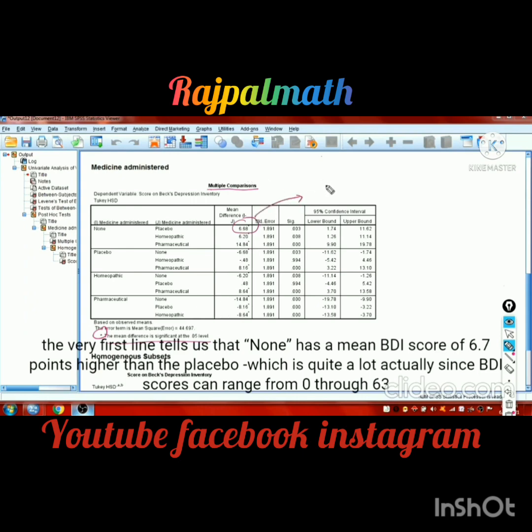Here in this case, none and placebo have different BDI scores. It means none has a mean BDI score 6.7 points higher than the placebo, which is quite a lot, since BDI scores can range from 0 through 63.